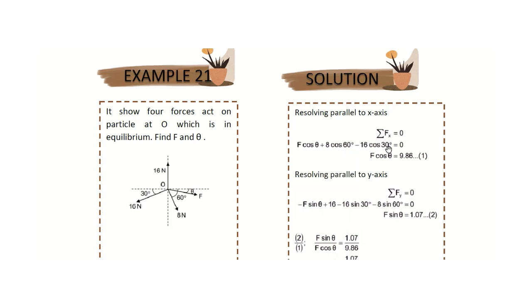This one 16 cos 30 degrees, the force of 16 Newton. The force of 60 Newton here is in the negative direction of the x-axis, so we put negative 16 here, negative 16 cos 30 degrees. So here we have the equation F cos theta equal to 9.86.